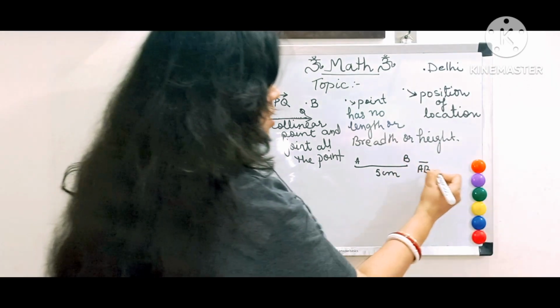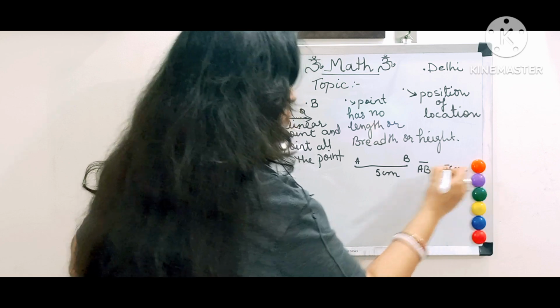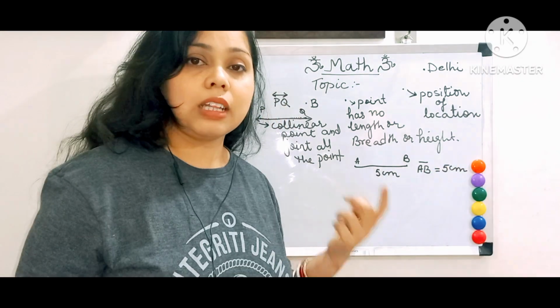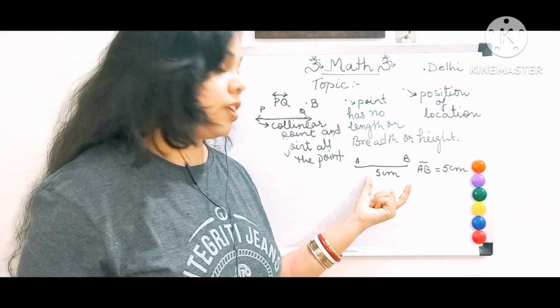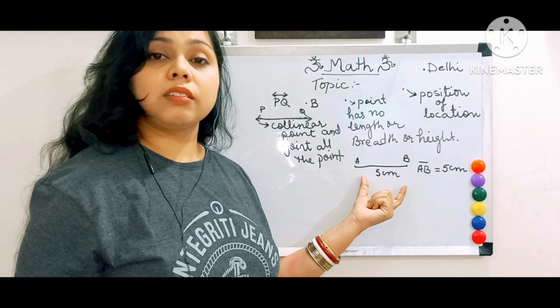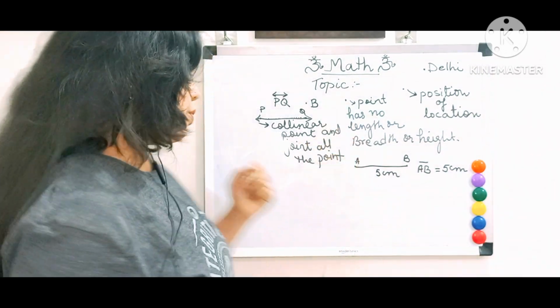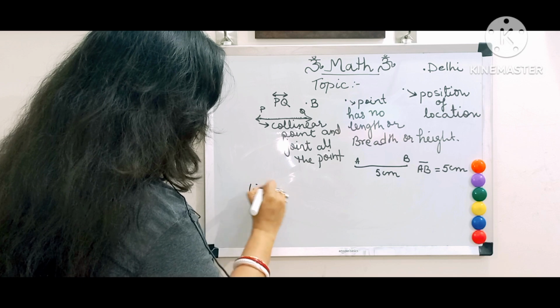So this is all about line segment. So what you have got is that a line segment has definite points, a definite length, okay, and a defined measurement.